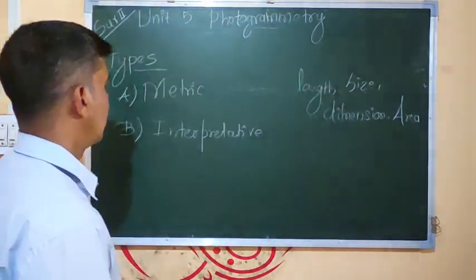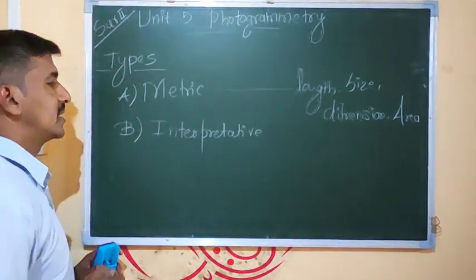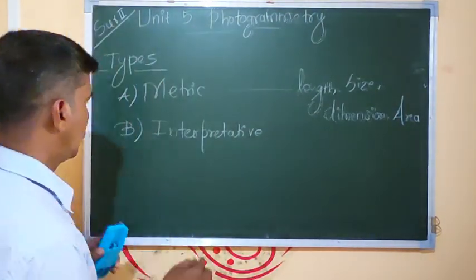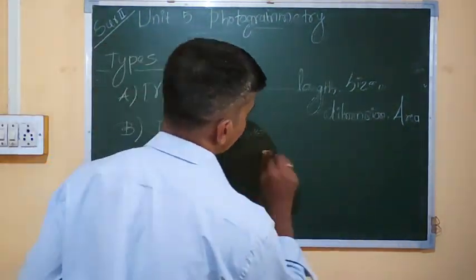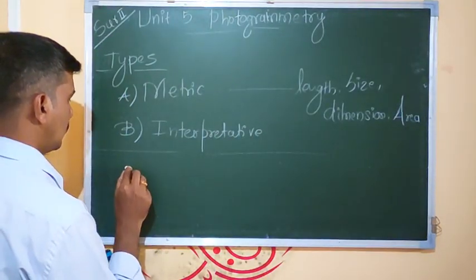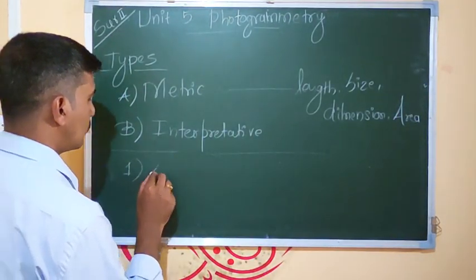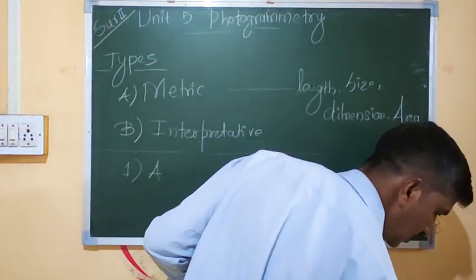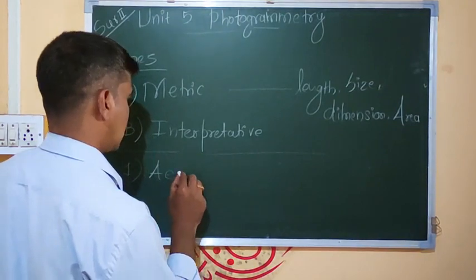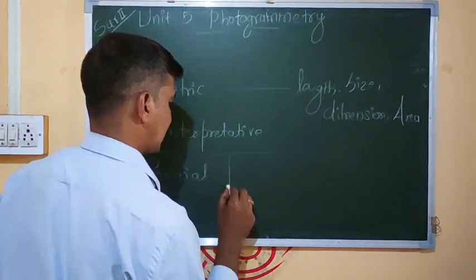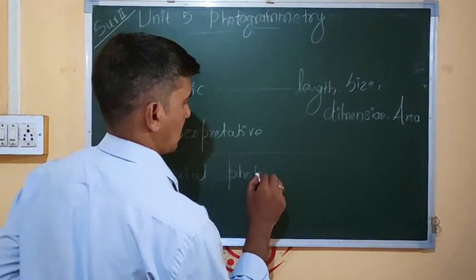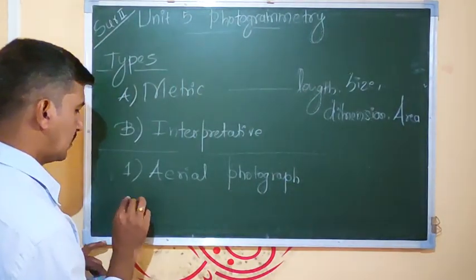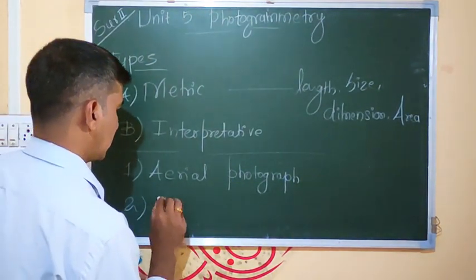Now, second year, as we have understood metric and interpretative, there are again two types of photographs to be taken. One is aerial photograph, and the second one is terrestrial photograph.